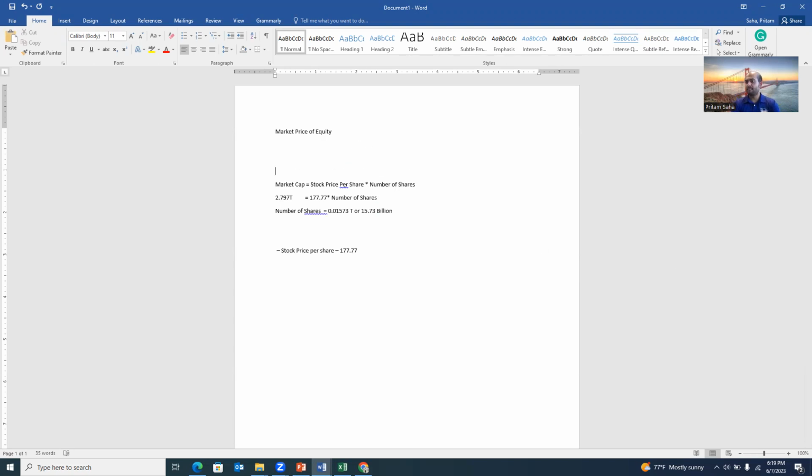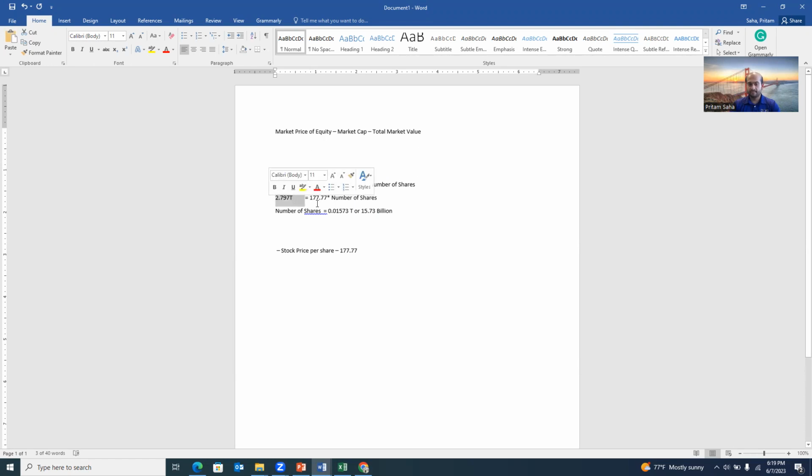So what I'm trying to tell you is, be careful when you say market value of the firm, market price of the firm, price of equity. In most cases, we refer to market cap, which is total market value. What is market cap? Stock price per share, or market price of equity per share, times number of shares.